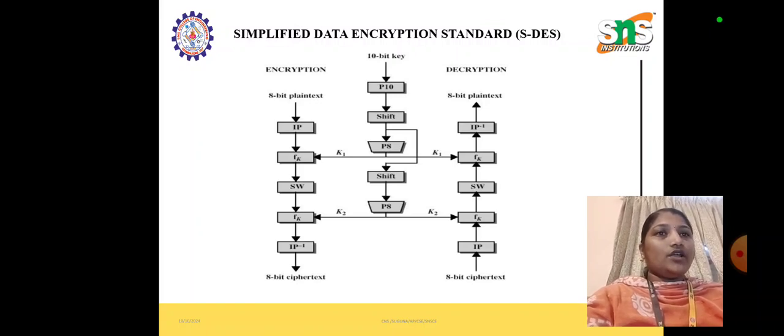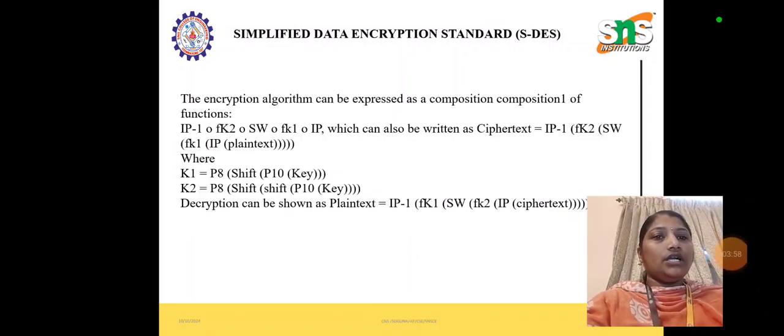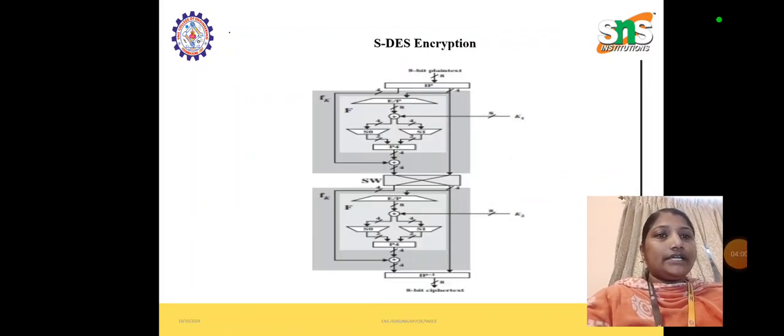In the second round, the same steps from the first round are repeated using the subkey K2, but without swapping the halves at the end. Then the final permutation: after 2 rounds, the 2 halves are combined and the inverse of the initial permutation is applied in order to produce the final cipher text. The same process in reverse is done for decryption.